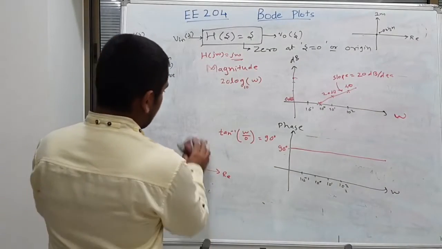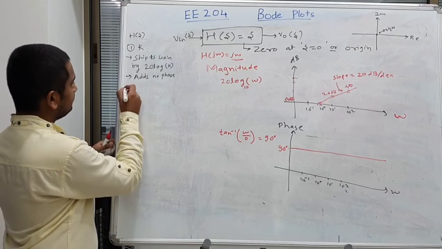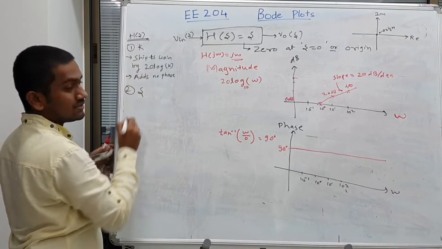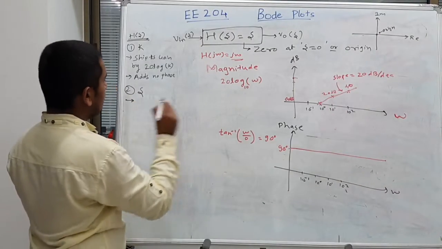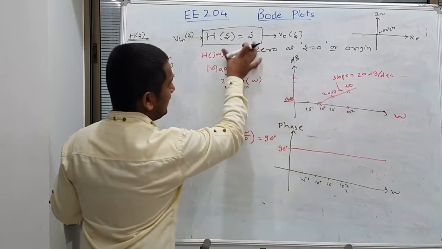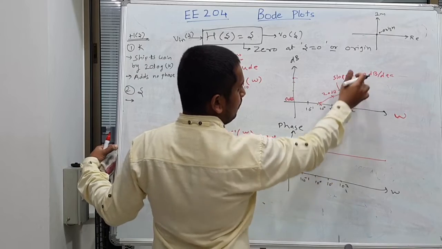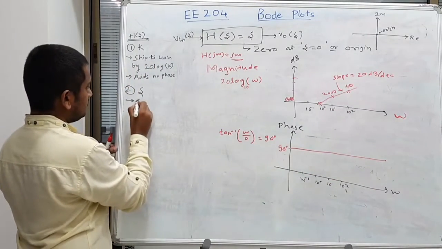Now let's write these two insights. When h of s is s, it increases the gain of a system with frequency with a slope of 20 dB per decade change in the frequency.